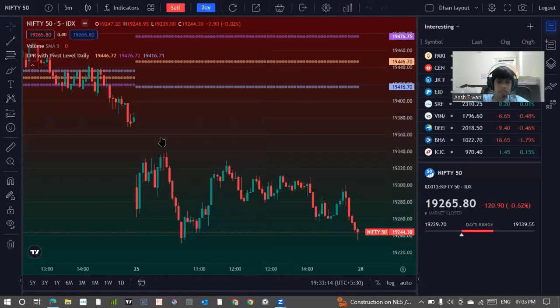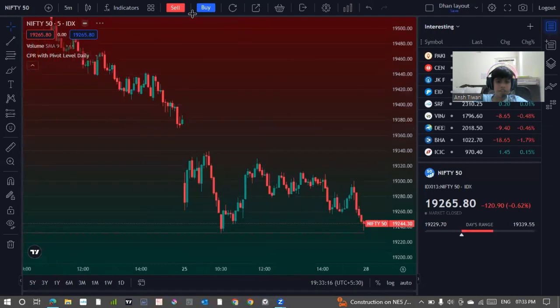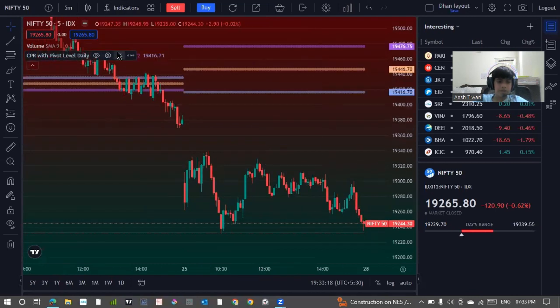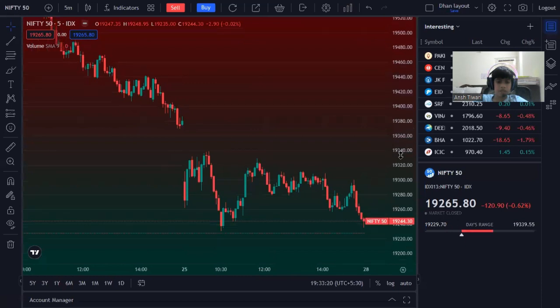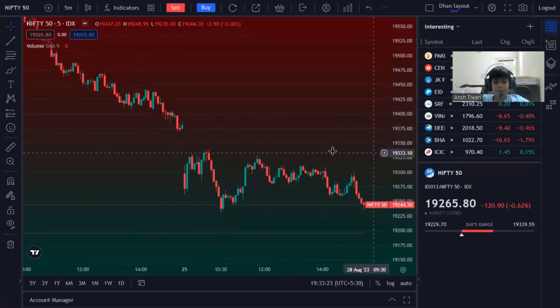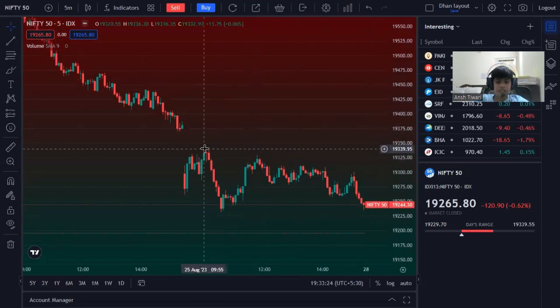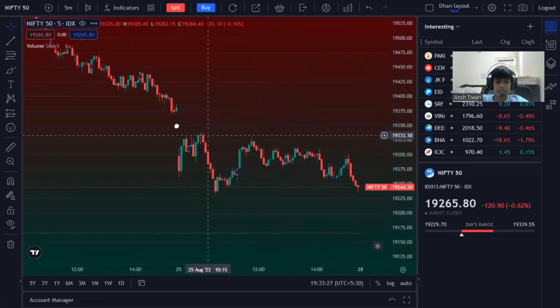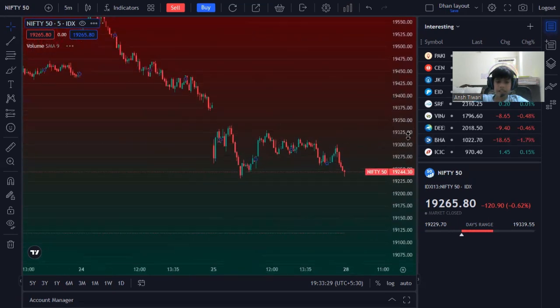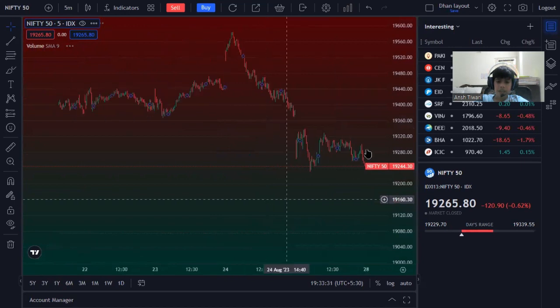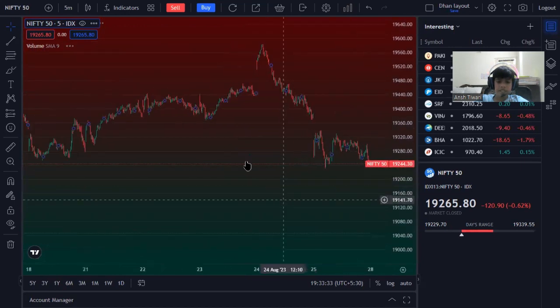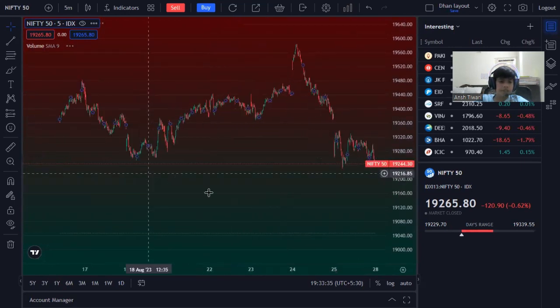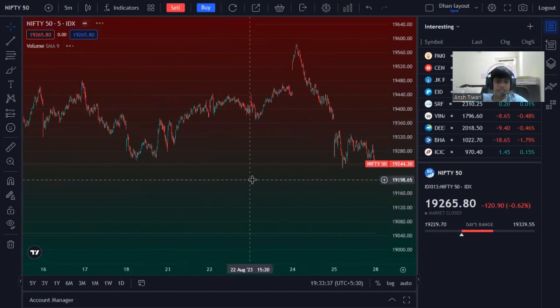Okay, so first we are at Nifty 50. Let me remove the CPR. Okay, we are here at Nifty 50. The first thing we can see is that the markets are right now at a point that represents a support. So first we will need to check if this is actually a support.